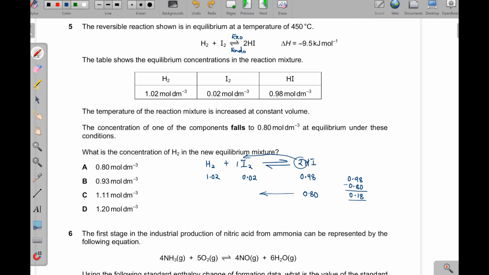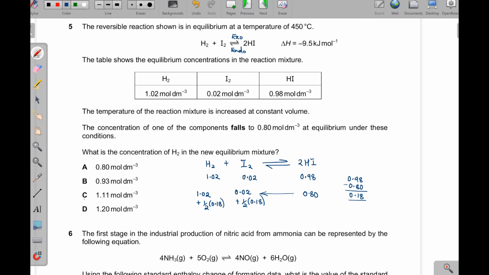So we are going to have 0.02, then we add a half of 0.18. That will be the new concentration of iodine. Then how about the concentration of hydrogen? It will be 1.02, then we add a half of 0.18.